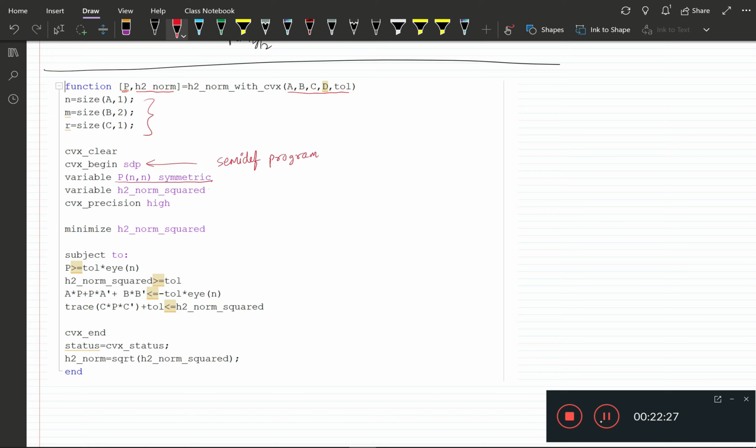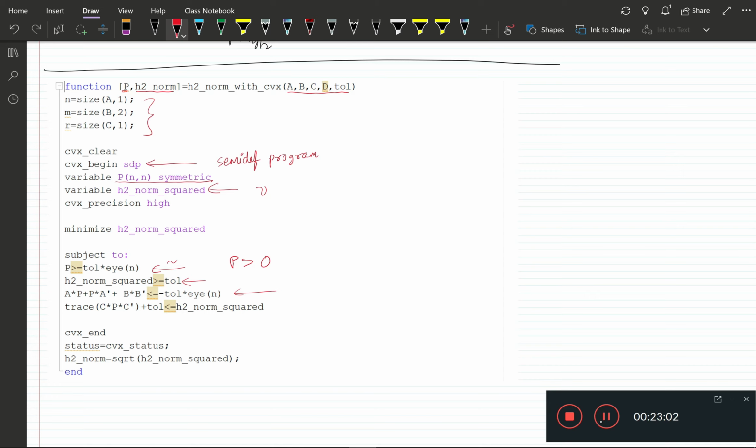Then we define the H2 norm squared variable, so that's nothing but nu squared, and then we just write down the relaxed versions of P positive definite. This you need not write down, you can remove this one, it should still work.